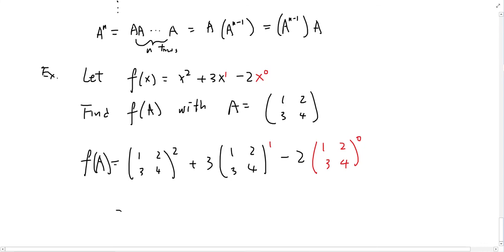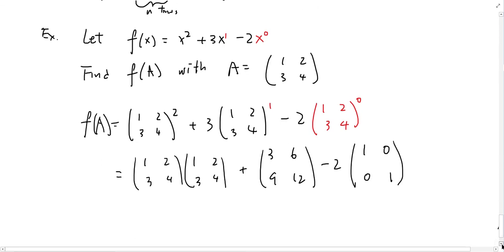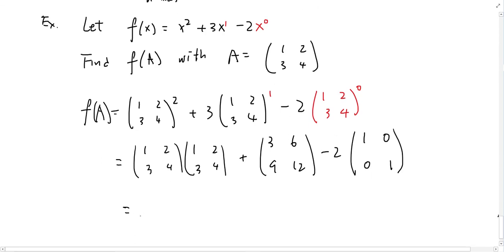And now all you have to do is simply evaluate. So this just becomes 1, 2, 3, 4, multiplied by 1, 2, 3, 4. The 3 gets distributed into the matrix. And now what happened to 1, 2, 3, 4 to the 0 power? That formed the identity matrix. And now it's just a matter of finding out what this is.